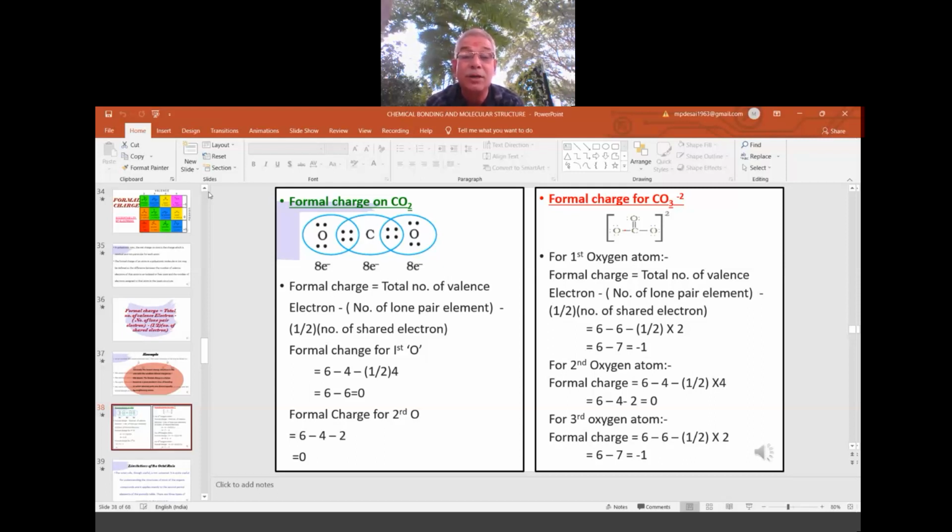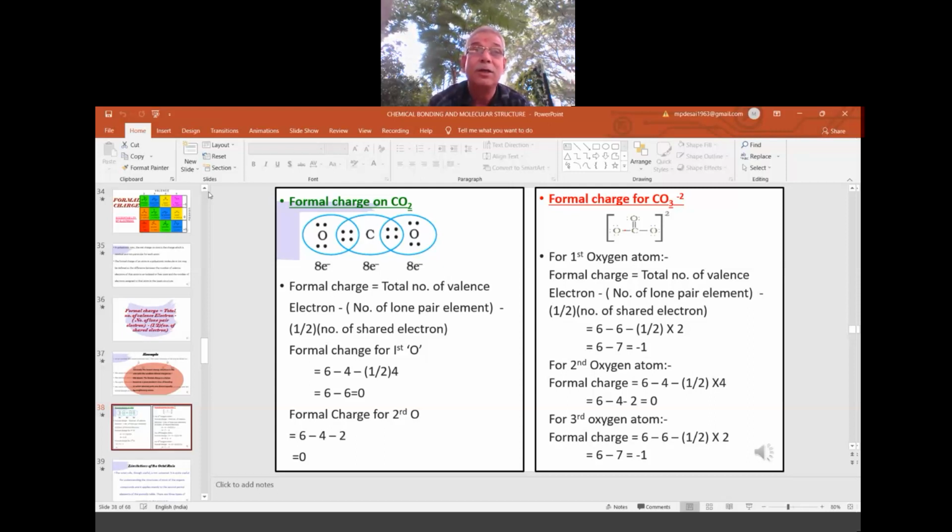There are 2 bond pairs, equal to 4 electrons, so half of 4 is 2. So 6 minus 4 minus 2 gives you 0. That means we don't have formal charge on O. In the same way, we don't have formal charge on the other O also. That means it is neutral, it is not carrying charge. So carbon dioxide is a neutral molecule.